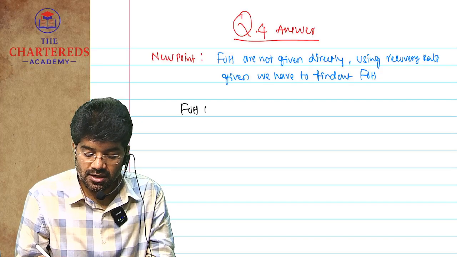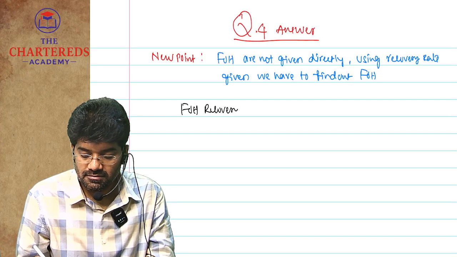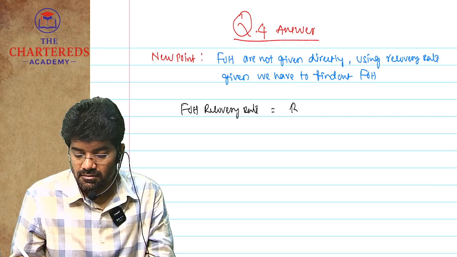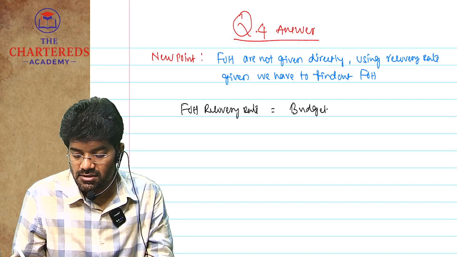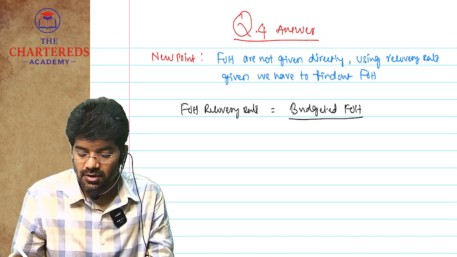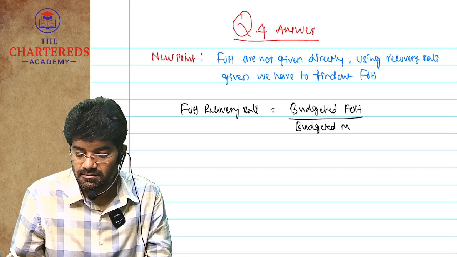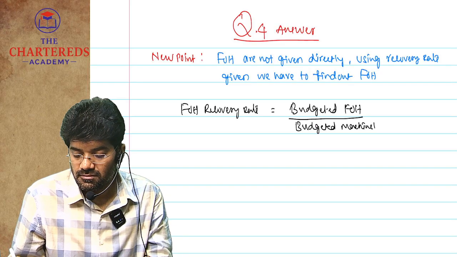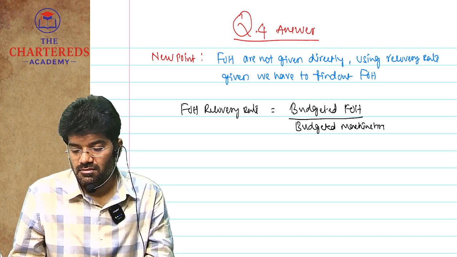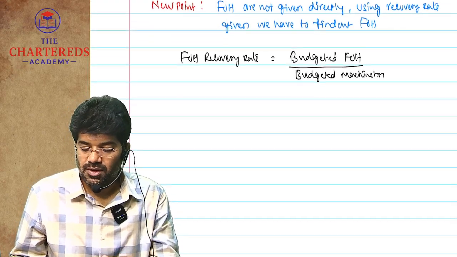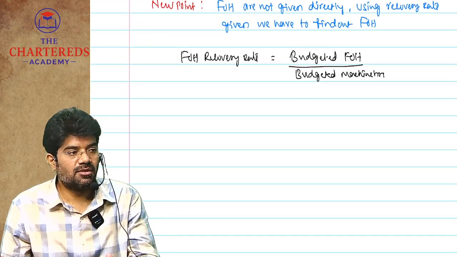FOH recovery rate or absorption rate is equal to budgeted factory overheads divided by budgeted machine hours, the base they are using. Now in this, we don't know the budgeted machine hours.